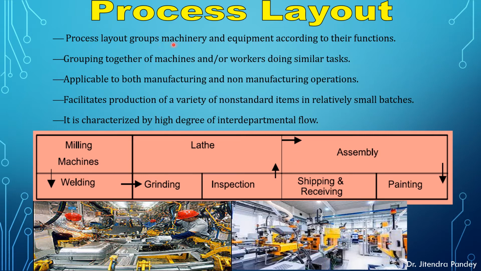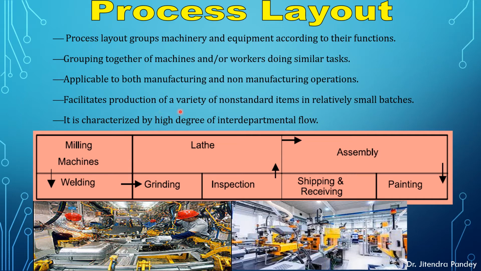Process layout groups the machinery and equipment according to their function, so it is also called functional layout. It groups together the machines of similar kind of similar task. It is applicable to both manufacturing and non-manufacturing operations like service organization.